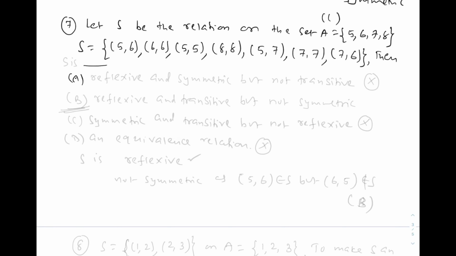Then the options are: first, S is reflexive and symmetric but not transitive. Second option, reflexive and transitive but not symmetric.